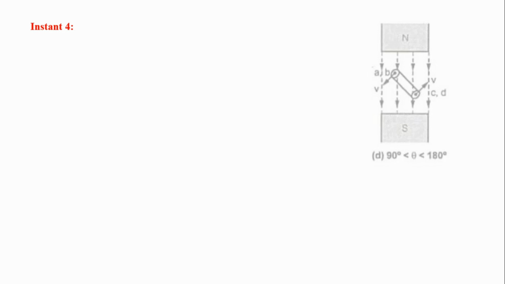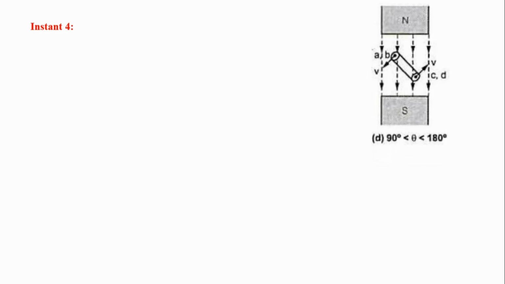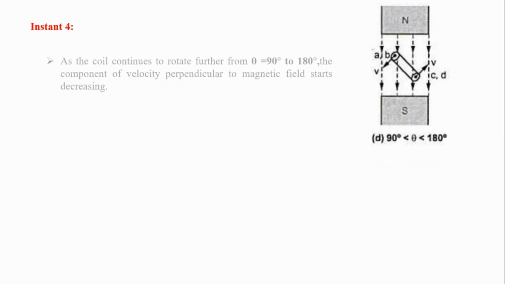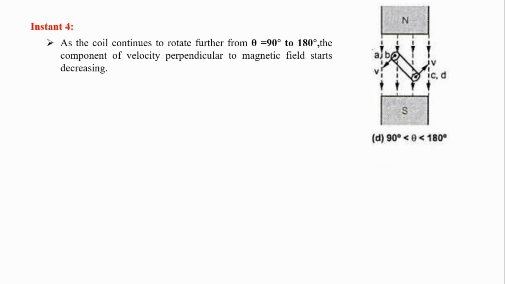If we rotate the coil further, what will happen? As the coil continues to rotate further from theta equal to 90 degree to 180 degree, the component of velocity perpendicular to the magnetic field starts decreasing.